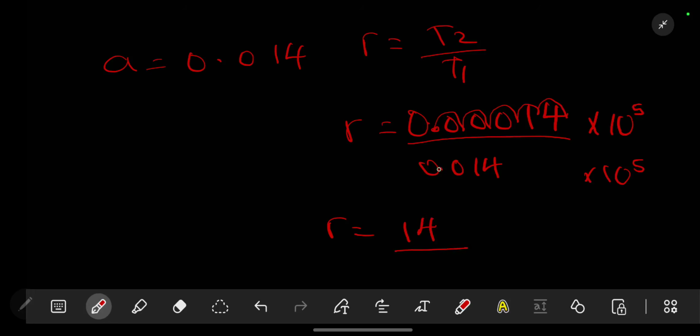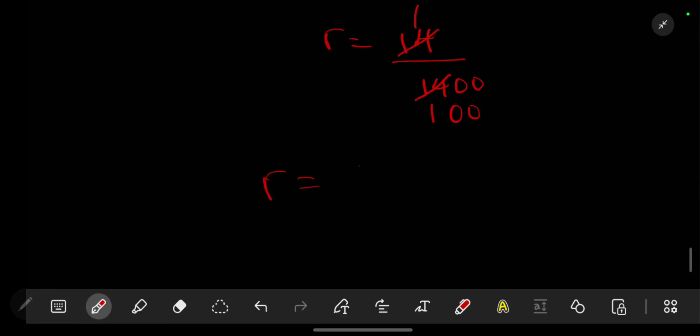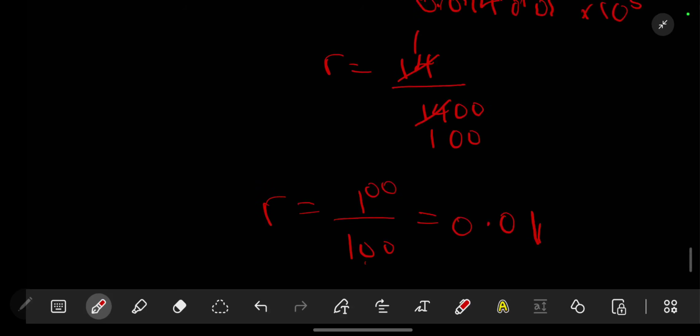Then we have 1,400, like that. So 14 can enter into this by 1 there. Then we have the zeros there. So we have r is equal to 1 over 100, which will give us 1 divided by 100 is 0 point. We add the 0. 10 divided by 100 is 0. We add the 0. So it's 0.01, like that.